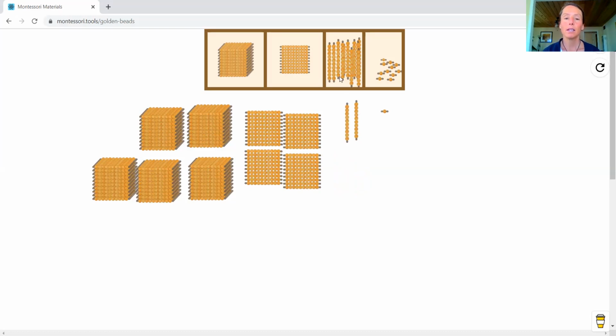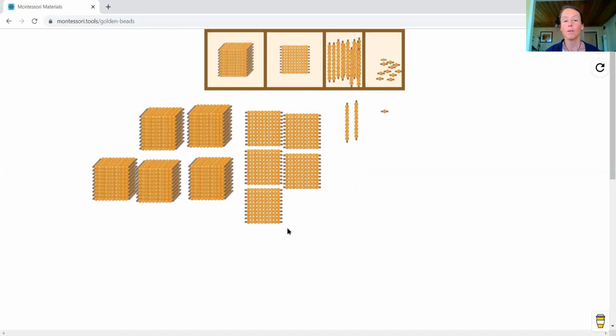When I exchange and I carry that over, for those 10 tens, I'm going to get 100. Now I'm going to go to my hundreds and see if I have more than 10. It doesn't look like it, but I'm going to count just in case. 1, 2, 3, 4, 5.